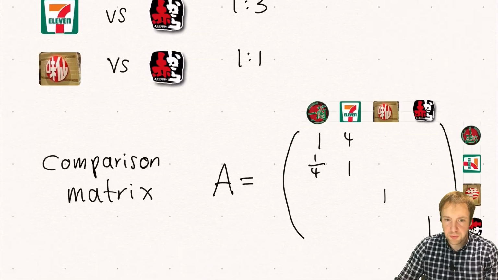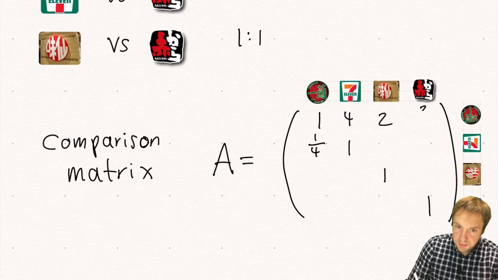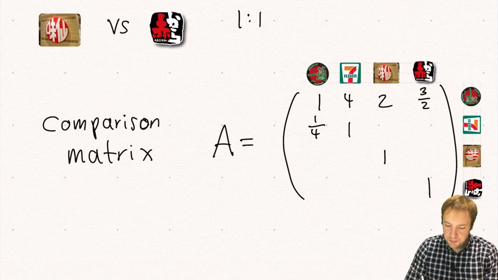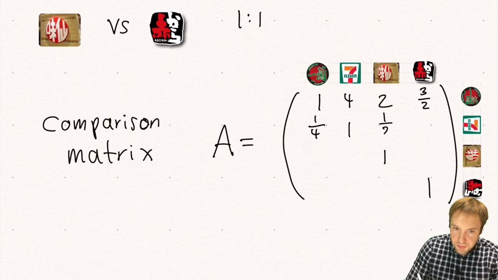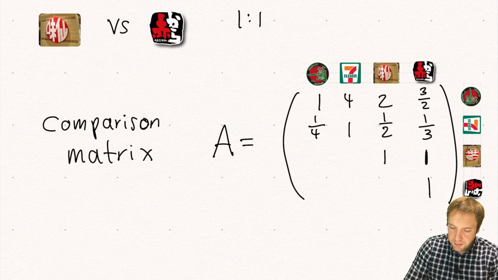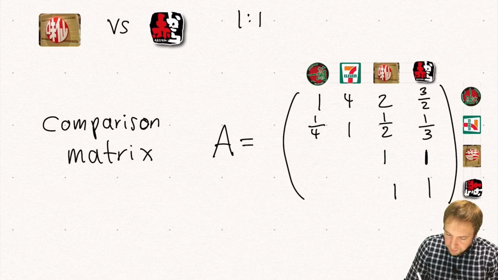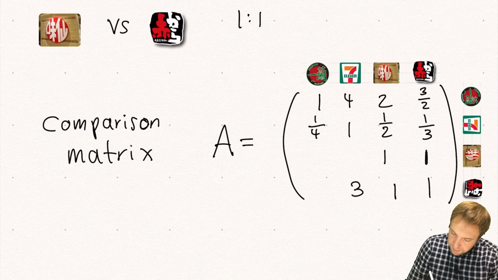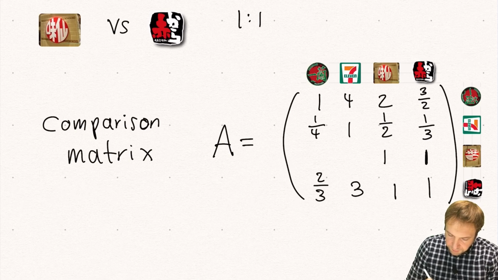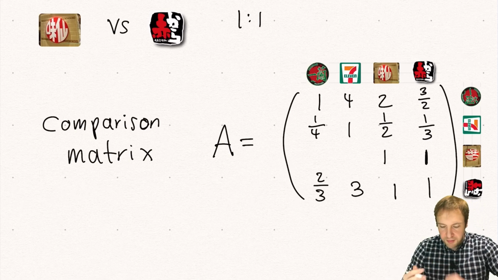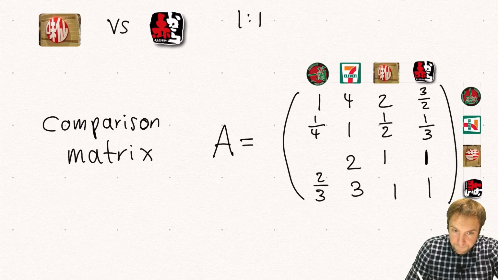And then we have 2 and 3 over 2. What did I do? 1/2, 1/3. And here in this case, Akakara and Misen, I said, are the same. So here on the other side of the diagonal, it's always the inverse, because it's a comparison in the other direction. And 1/2.